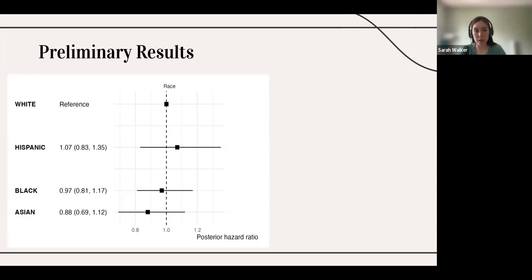So it's a little bit above the reference, but it still overlaps 1. And then Black is at 0.97 with a 95% confidence interval of 0.81 to 1.17. And Asian is a little bit lower than that at 0.88 with a 95% confidence interval of 0.69 to 1.12.